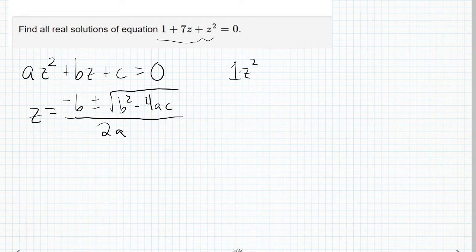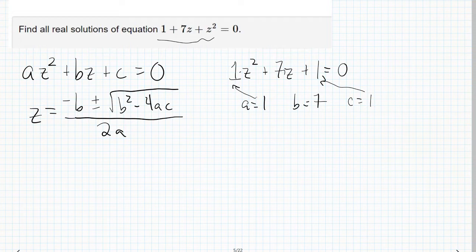That's the tricky part that most people forget about, plus 7 times z plus 1 equals 0. So a equals 1, b equals 7, and c equals 1, just so you can see which parts they're coming from.